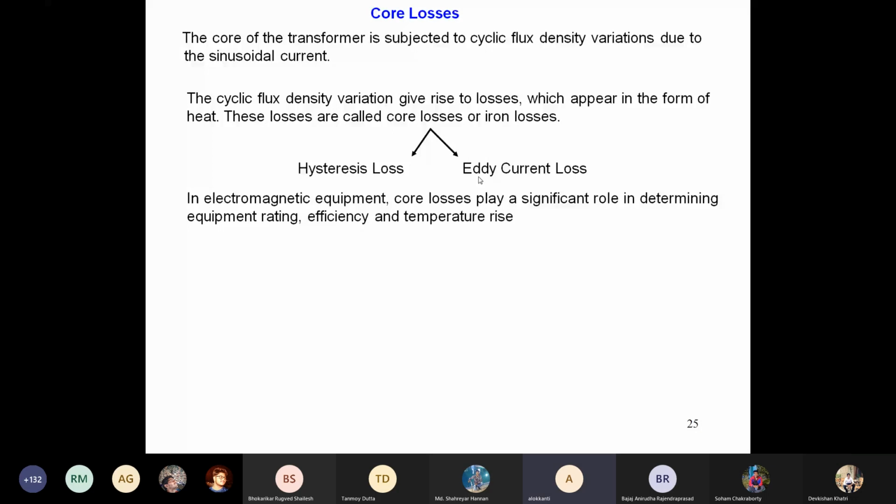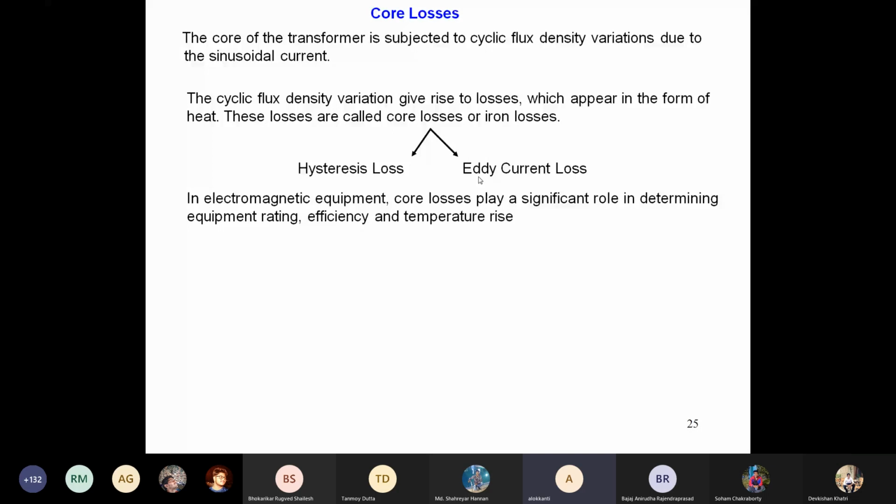Whenever there is an electromagnetic equipment, there will be permissible limits for its temperature rise. As soon as the temperature rises, there has to be an arrangement so that this heat is evacuated. You cannot let the equipment keep on heating, or it will get damaged.